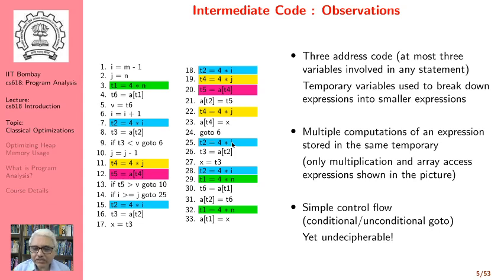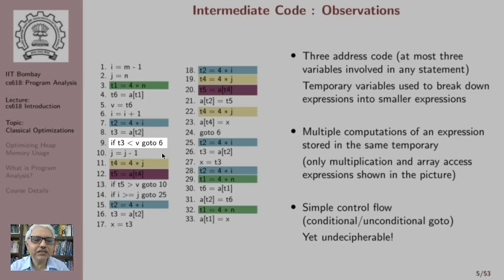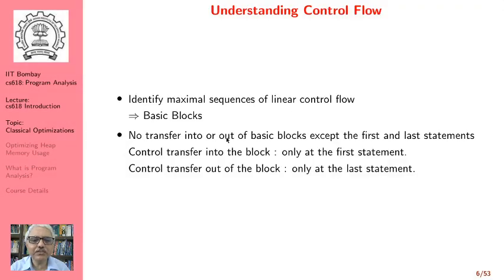If 4 star j is evaluated in t4, then every instance of 4 star j is evaluated in t4. This is a very simple piece of code. It has simple control flow. For example, we have this conditional control transfer, and then we have another instance of conditional control transfer, and then we have unconditional control transfer.